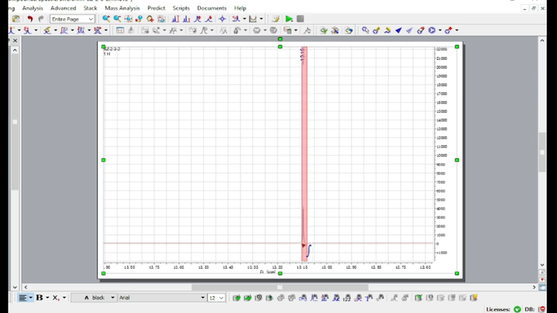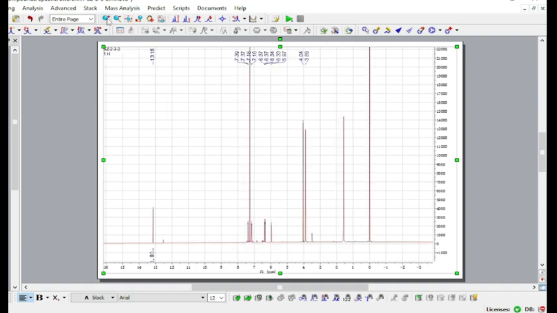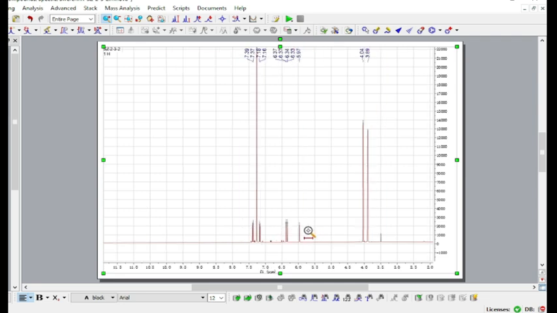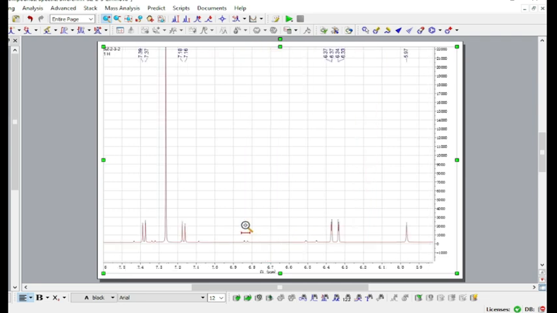So what we do is that we integrate it, and the software sets it at 1, right? And taking this as 1, the software then helps you integrate the rest of the peaks as well. So what I do is that I integrate all of these.